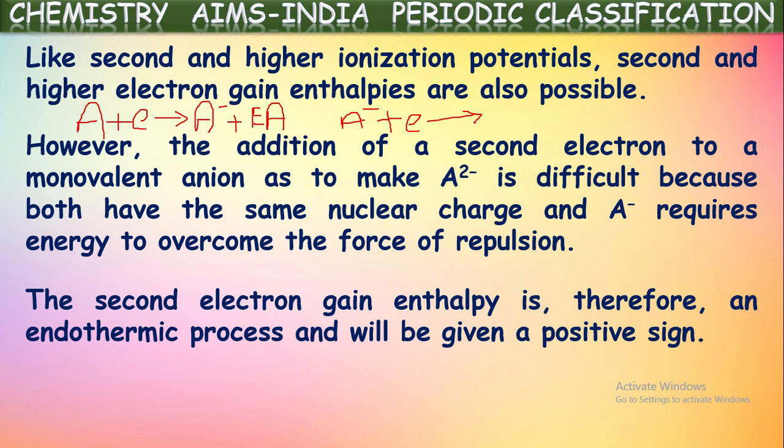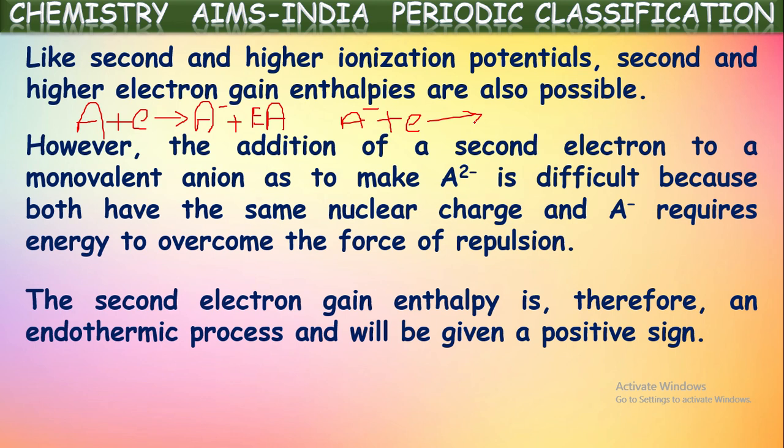There exist repulsions between the electrons. To overcome these repulsions between the already existing electrons and the incoming new electron, the atom should consume a certain amount of energy. That is why while taking a second electron, atoms, instead of losing energy, gain energy from the surroundings. Why? Because to overcome the repulsions between the electrons.